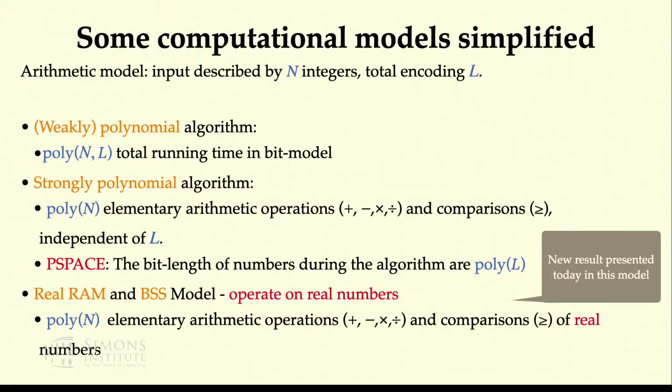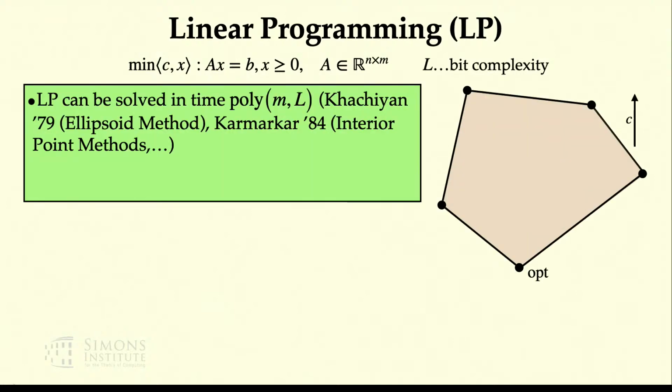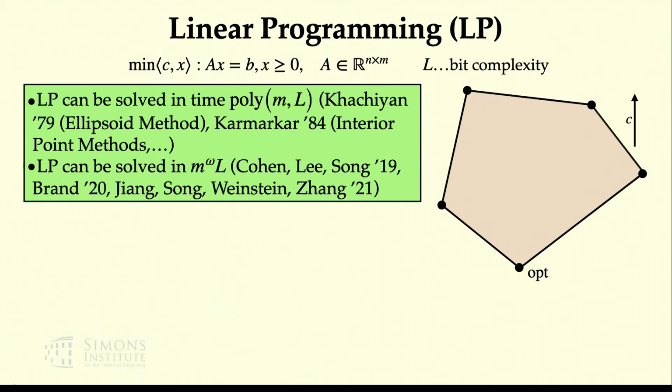Okay. Now, what is the state of the art for linear programs for weakly poly solvers versus strongly polynomial solvers? So we can solve LP very, very efficiently in the weakly polynomial regime. Since the 70s and 80s, we have these high accuracy solvers, which can be turned into exact solvers if you allow running time that depends polynomially on the bit complexity.